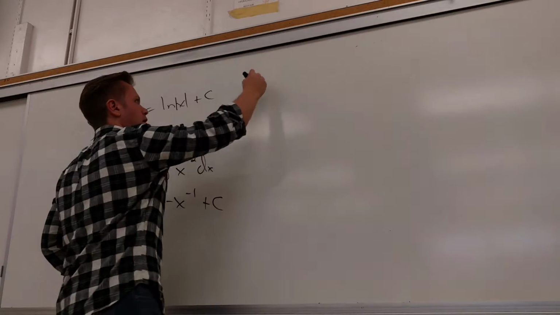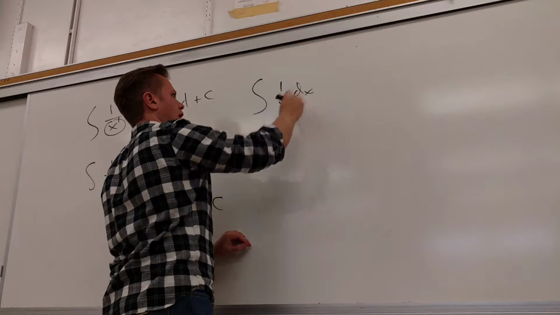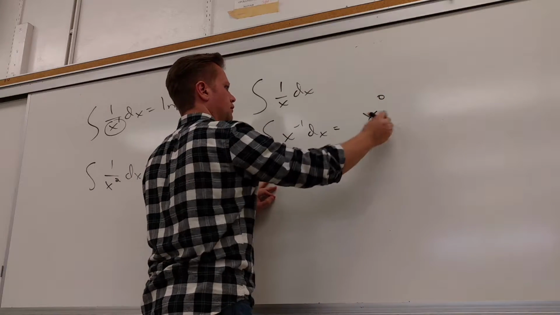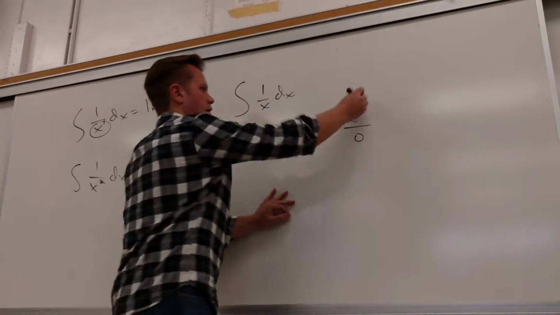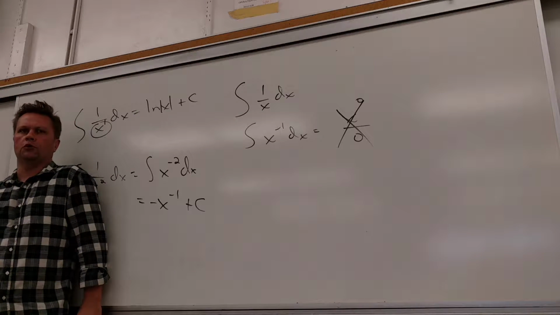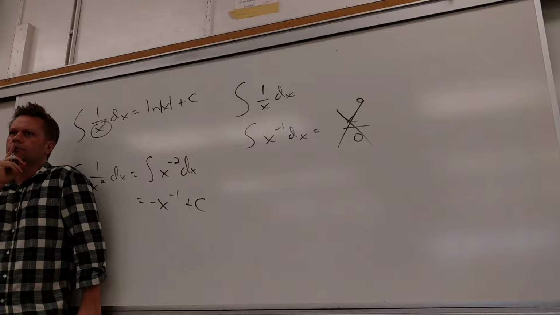So if you try to apply this rule to this, what happens? Add 1 divided by the new, oh shit. Yeah. So that's why natural log saves the day. It says, that rule only works if it's defined. If it's undefined, then it's going to be some kind of natural log.